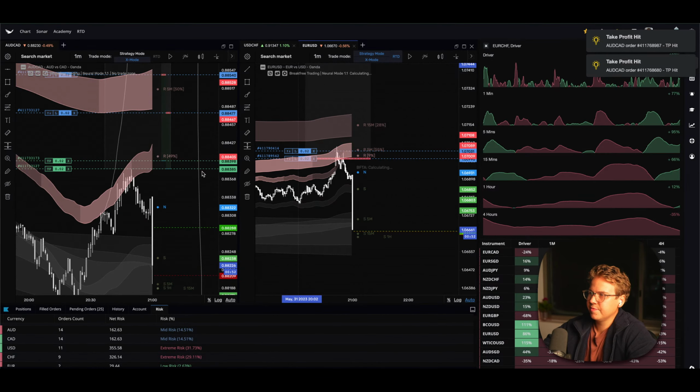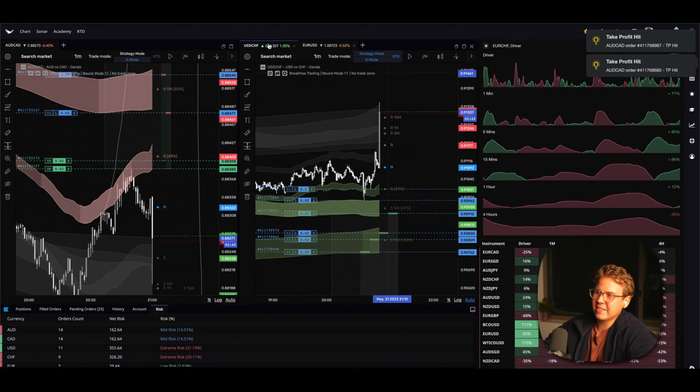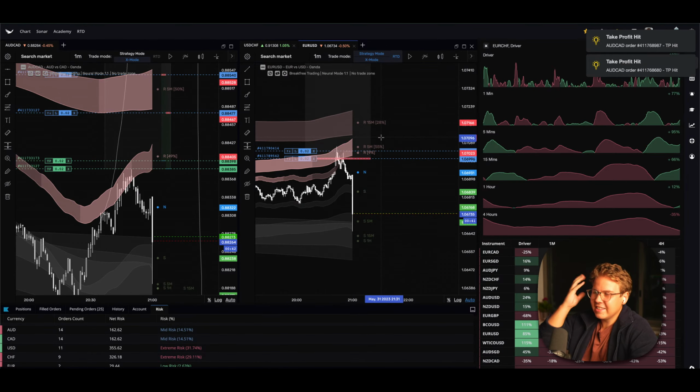Oh, look at that. That's just amazing. And look, it's all in our direction. This is all according to our algorithms and where they're saying the market is going to head.